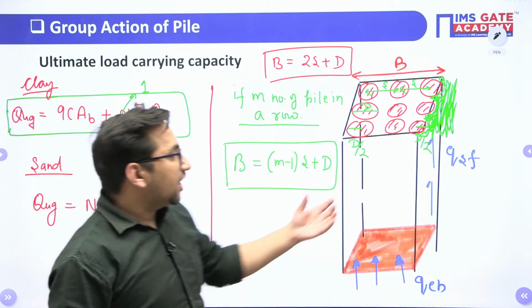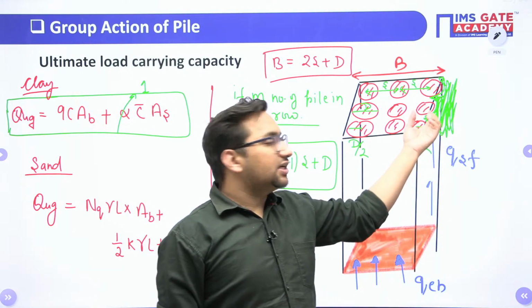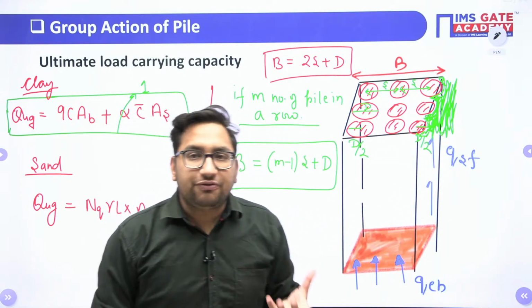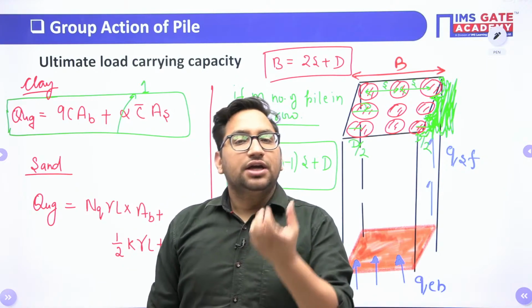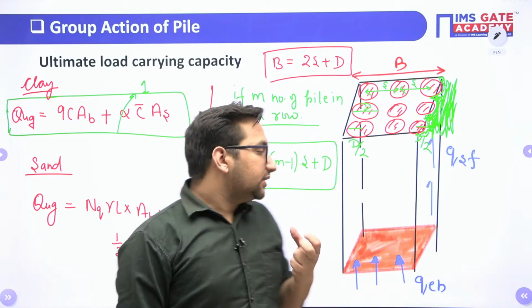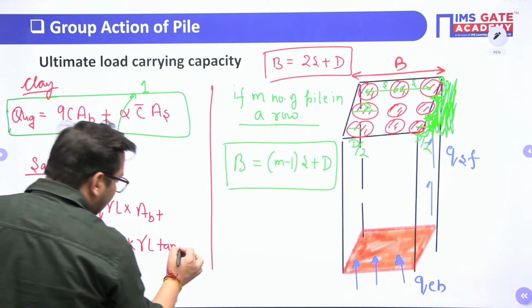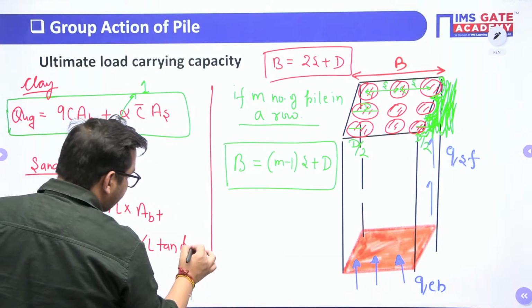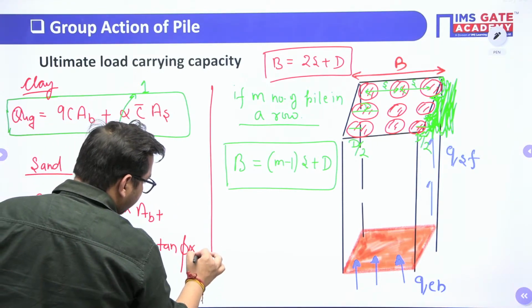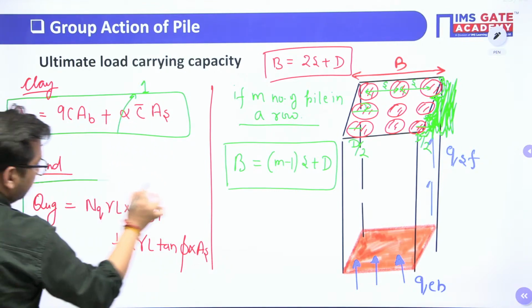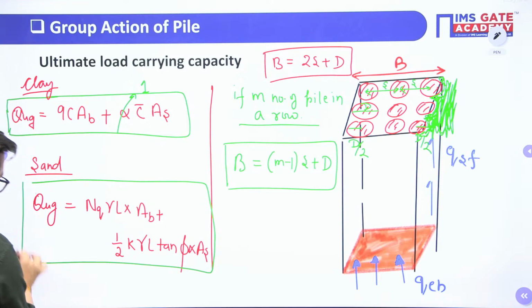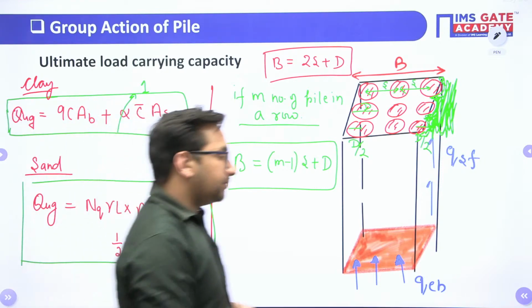Here now the interaction is between soil and soil. It means the angle of friction will now be generated between soil and soil particle, and we know that between soil and soil particle the angle of friction is known as angle of internal friction, that is phi. So it will be tan phi into AS. So this will be your QUG value.